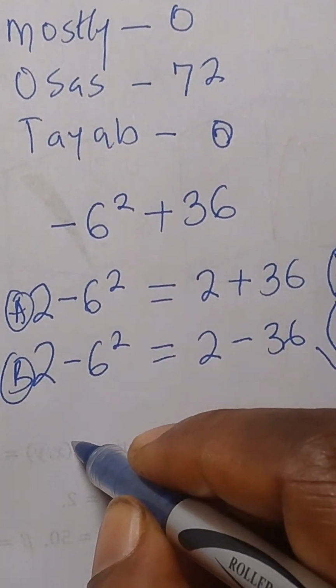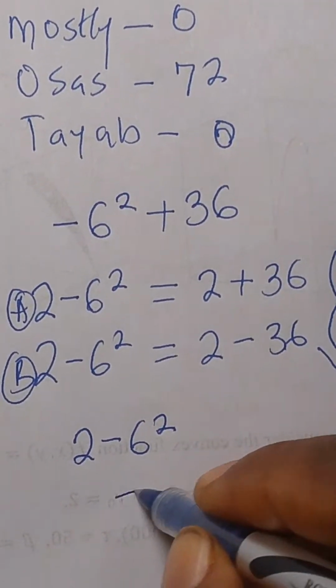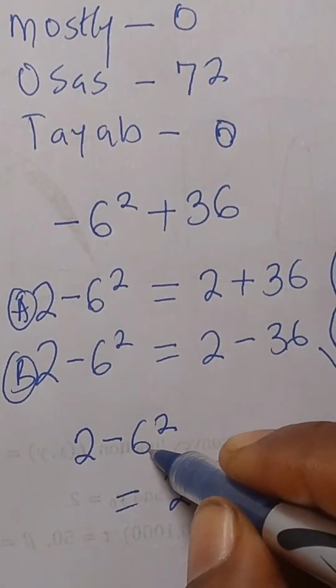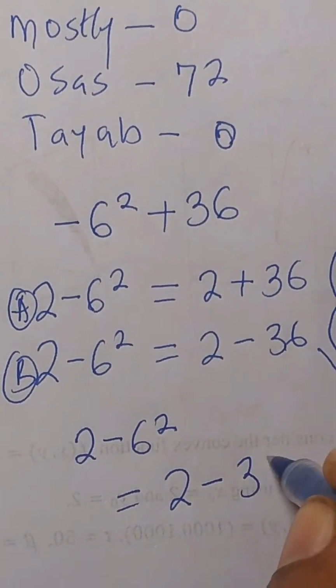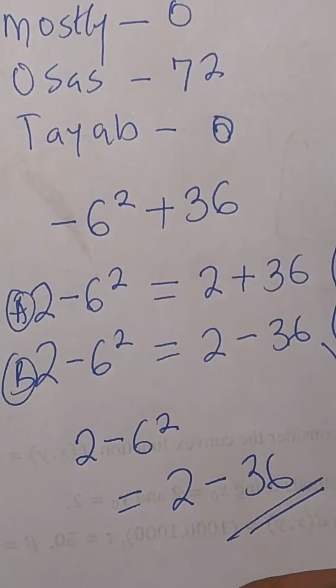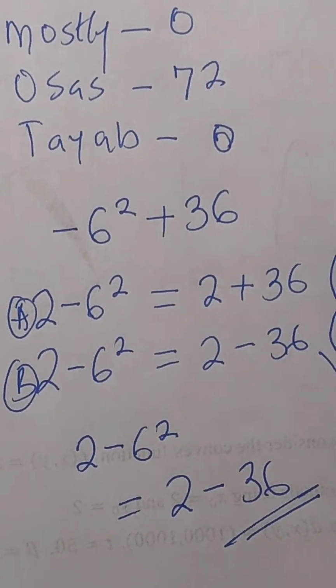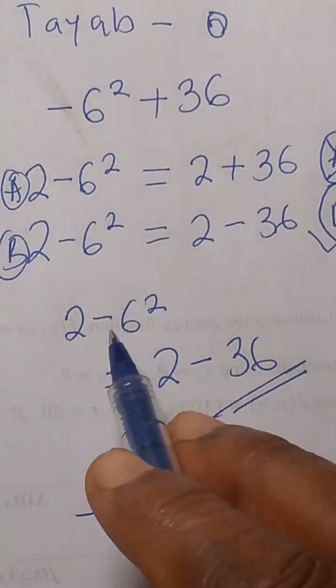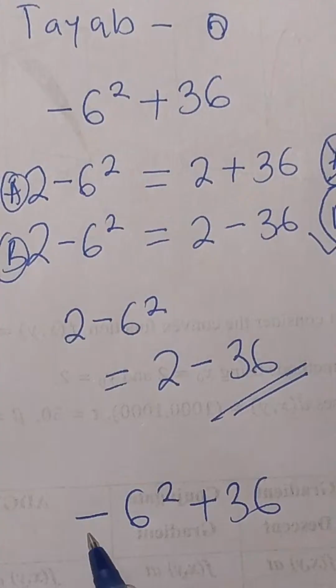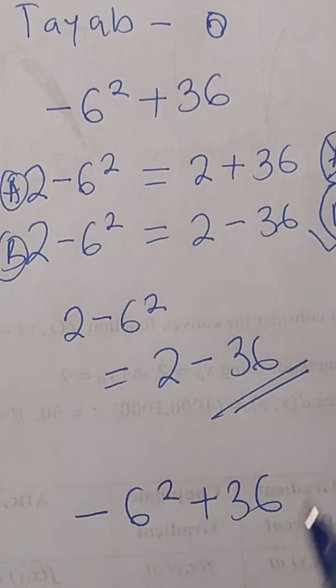Now, if you have 2 minus 6 square, this is equal to 2 minus 36. Please, this is the best way to solve it. I have to put it here so you see it clearly. Now, let me go back to the question we are solving: minus 6 square plus 36. People make the mistake of applying the squaring to the minus sign, but it doesn't affect it.